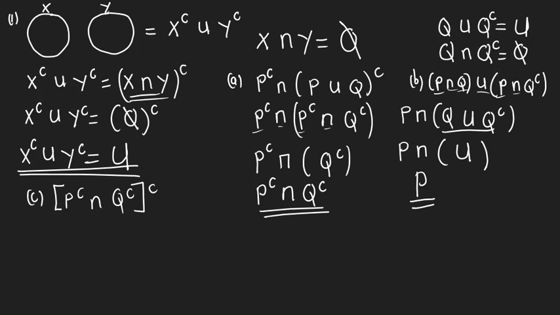Complement exposed to P becomes the set P. Complement exposed to the intersection becomes the union set. Complement exposed to Q complement becomes the set Q. That's how you solve that.